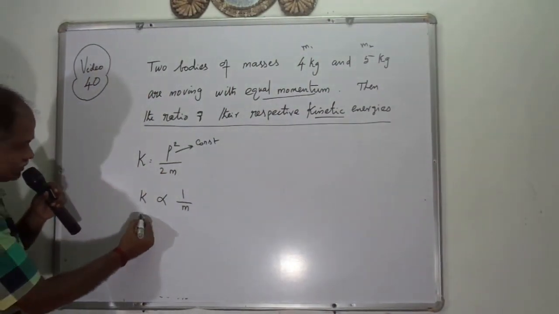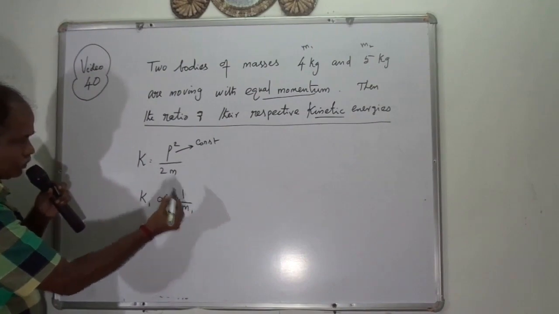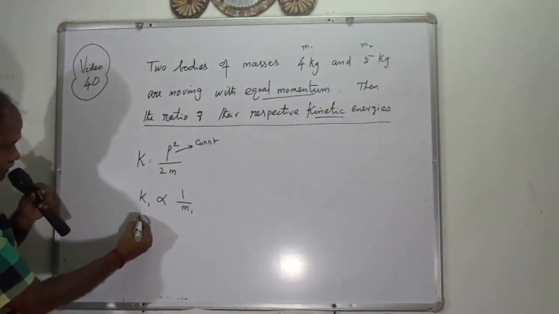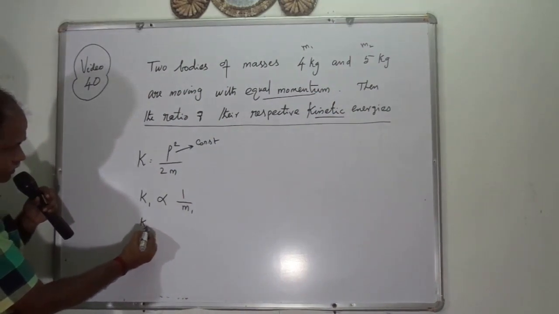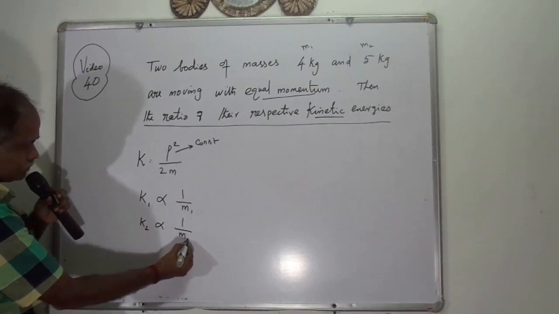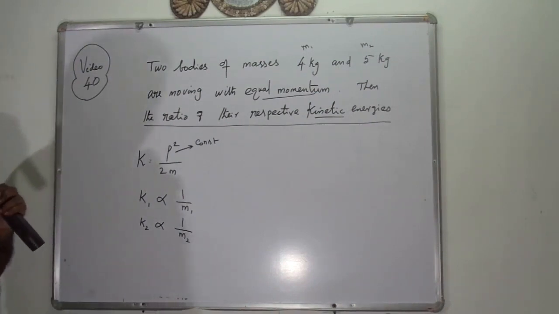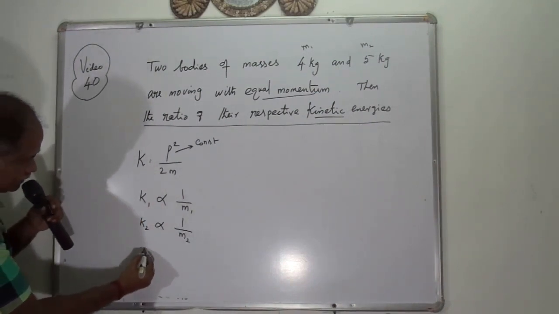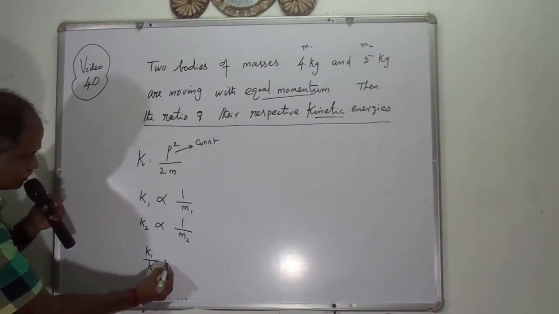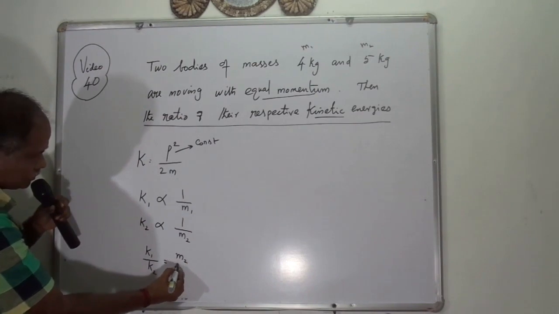The kinetic energy k1 is proportional to 1 by m1. For the second mass, the kinetic energy k2 is proportional to 1 by m2. Dividing one by the other, k1 divided by k2 is equal to m2 divided by m1.